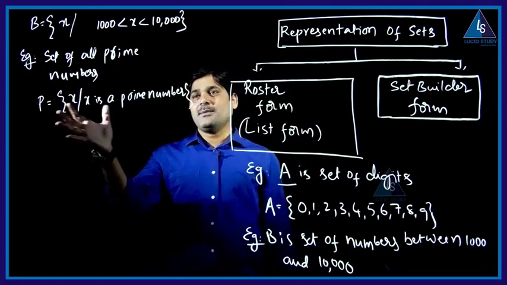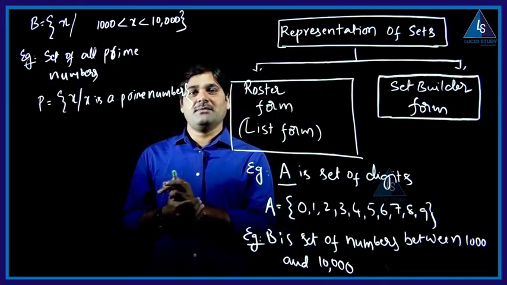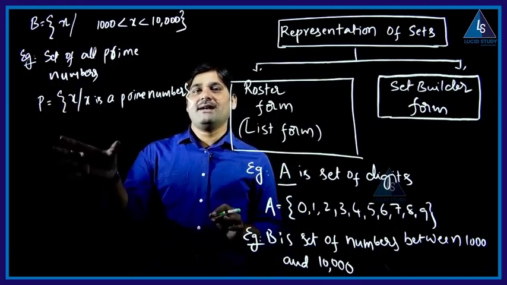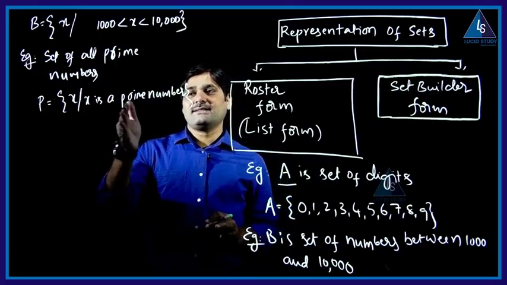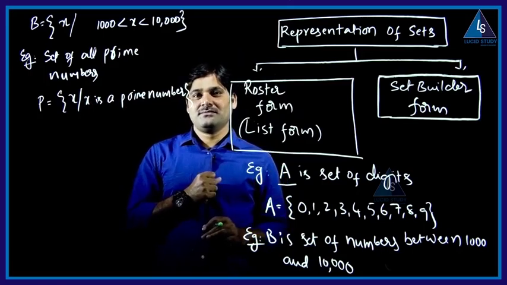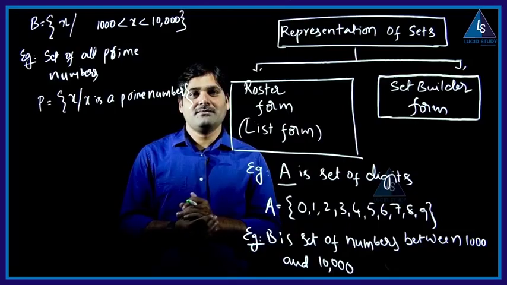See here, it is not possible to write all the prime numbers. So for that purpose we will write just a definition form like x such that x is a prime number. Like this we will write set builder form.